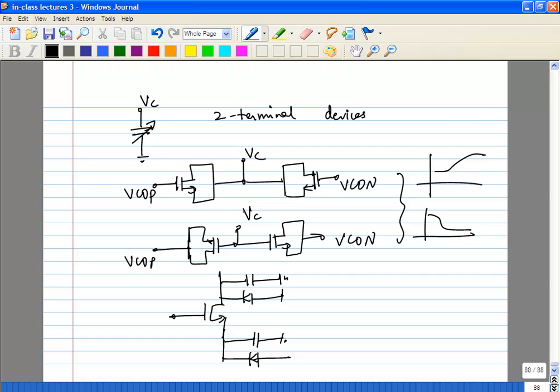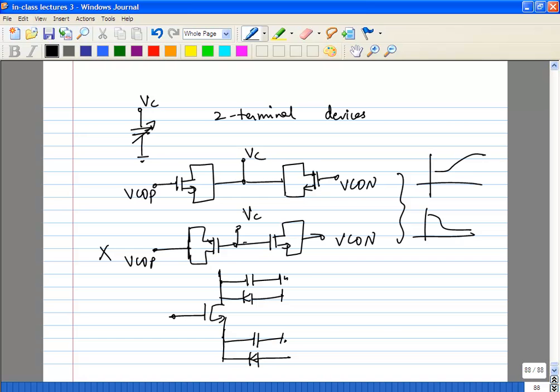And that capacitance is going to have a certain Q. So what happens in this case? In this case, you are directly connecting your VCO to that node. So effectively, any parasitic capacitance you have is going to shift your oscillation frequency and reduce your tuning range. Okay, so that is the first one against this guy.